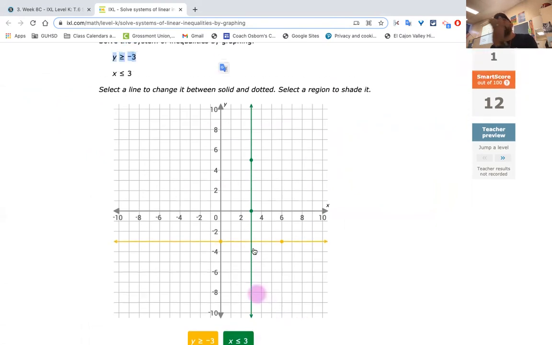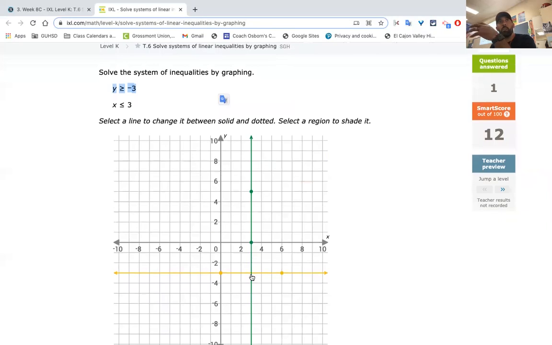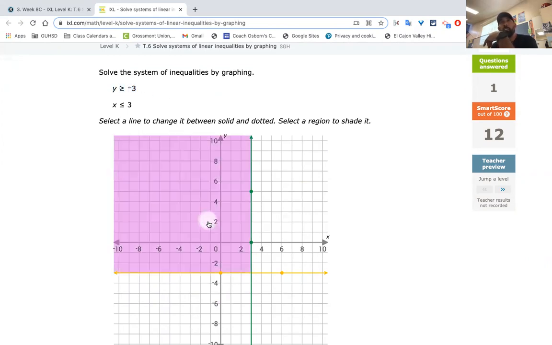All right, so the shading for the y line or the horizontal is easy because it's either above or below, right? It says y is greater than, so we're gonna go above the line. So that could be here or here. The question is, is it on the left side of the vertical line or on the right side? Well, it says x is less.